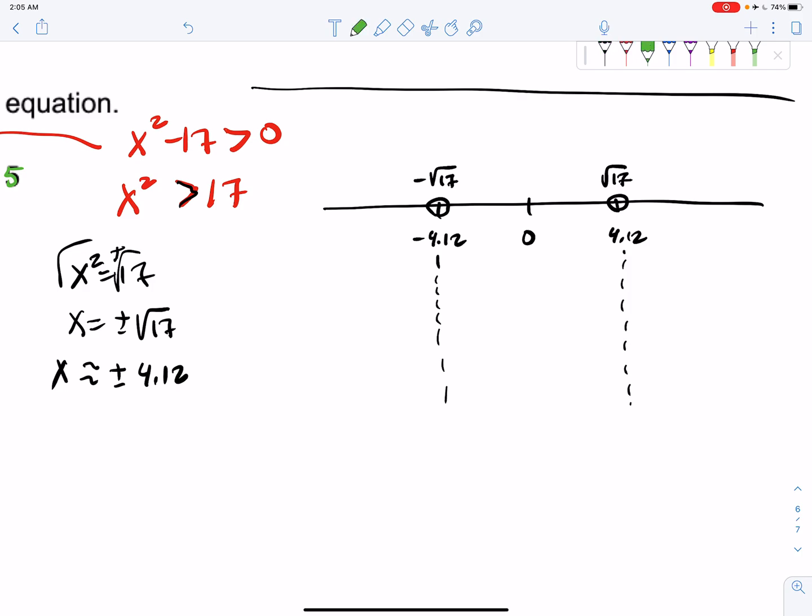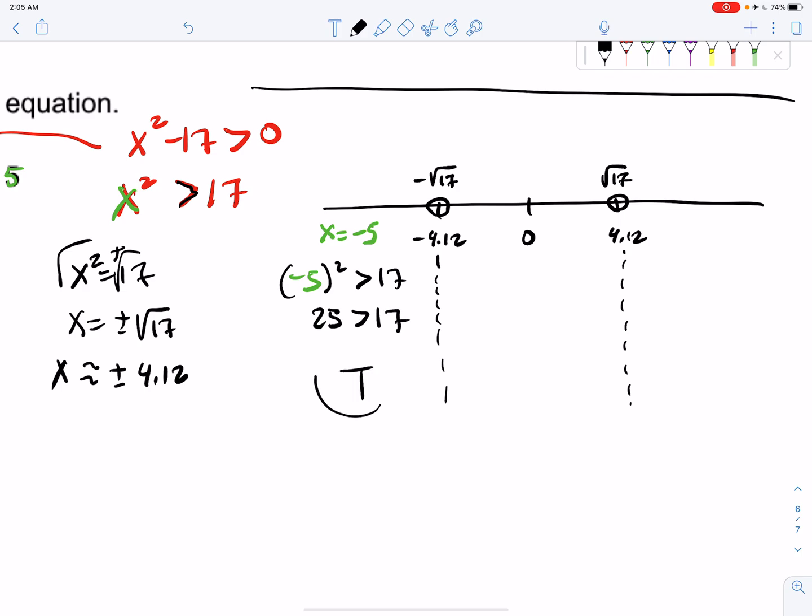Let's get a test point right there. How about x equals negative 5, a great test point in that region. Put negative 5 into that inequality. Negative 5 squared is greater than 17, so 25 is greater than 17. Is that true or false? That's definitely true.